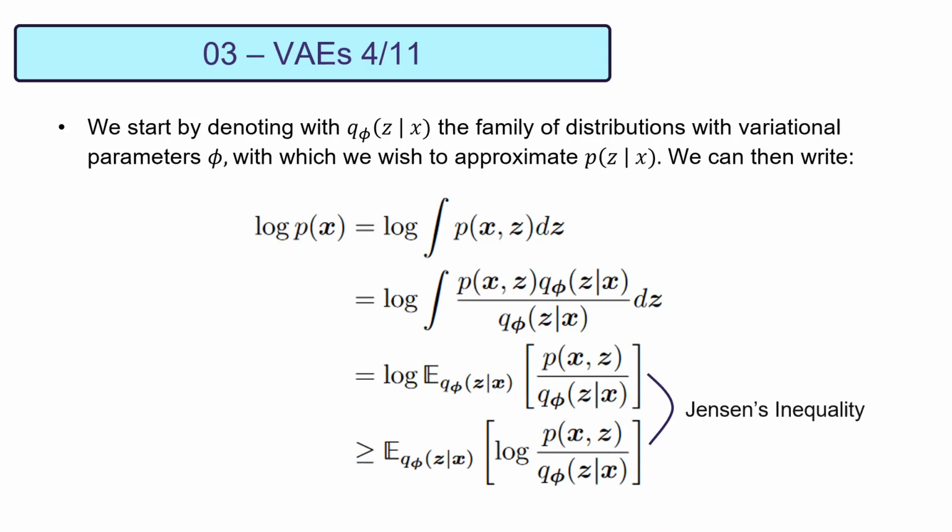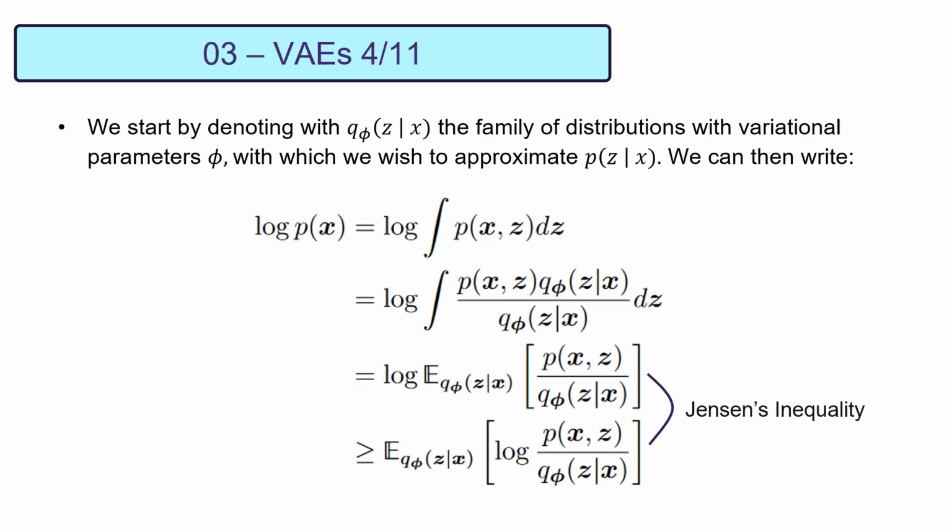If you have a function, let's call it alpha, and alpha is convex, then alpha of the expectation of a term is smaller than or equal to the expectation of alpha of that term. Because the logarithm is not convex but concave, the inequality reverses. So it's not smaller than or equal to, but bigger than or equal to.